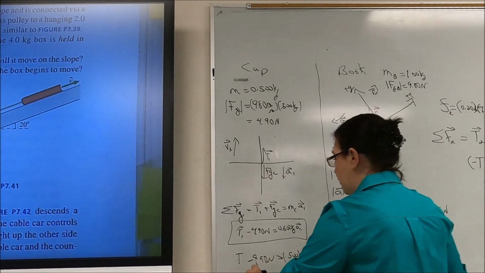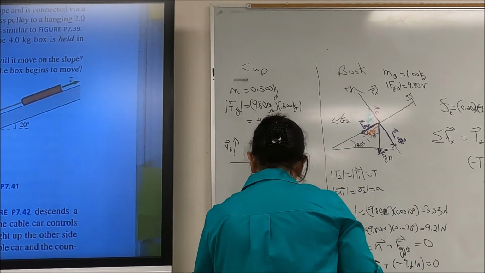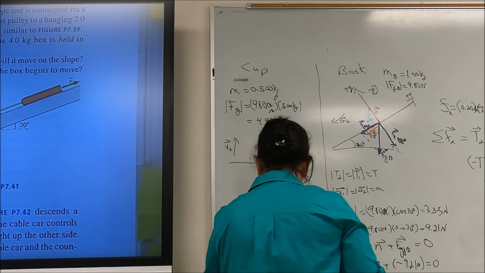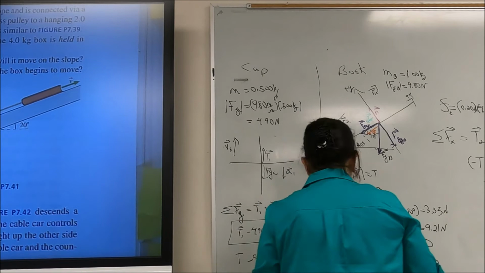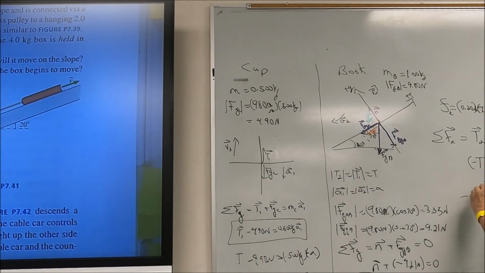I'm going to solve this one for T. So T is going to equal 4.90 newtons minus 0.500 kilograms A. I'm going to sub in here. So I have the negative of 4.90 newtons minus 0.500 kilograms A minus, let's see, 3.35 plus 1.84, 5.15 newtons equals a minus 1 kilogram A.